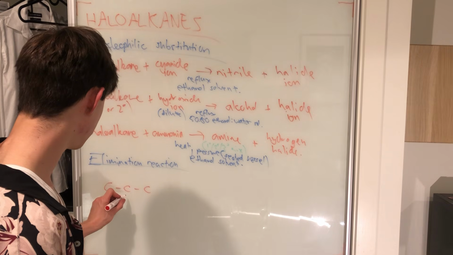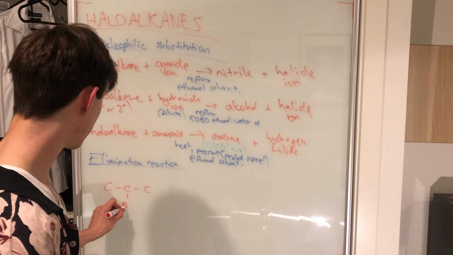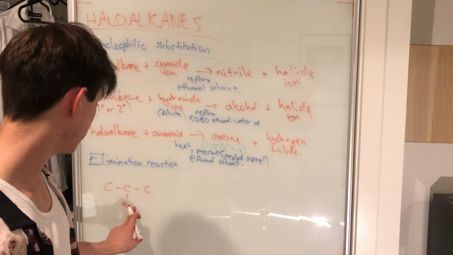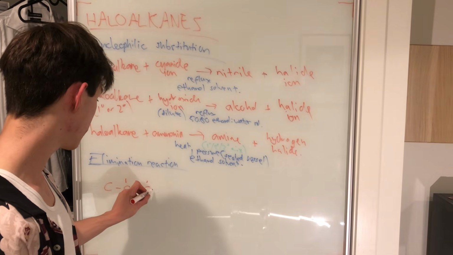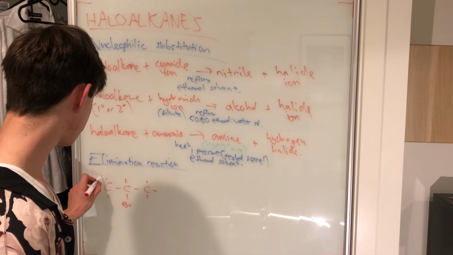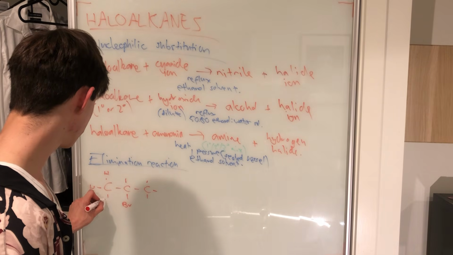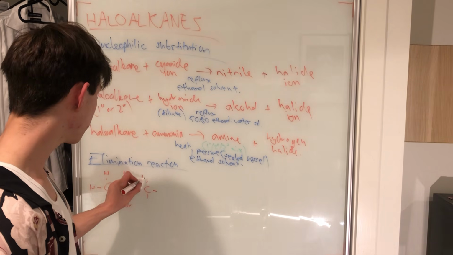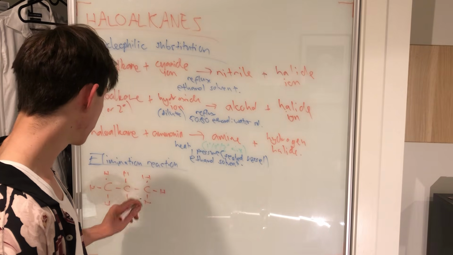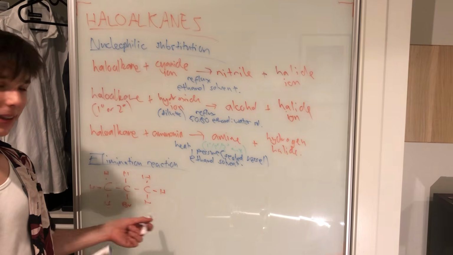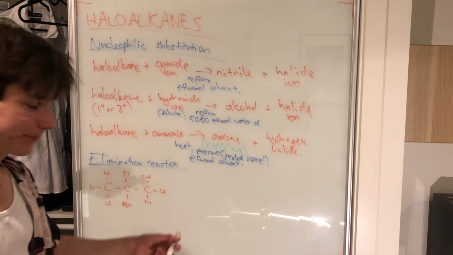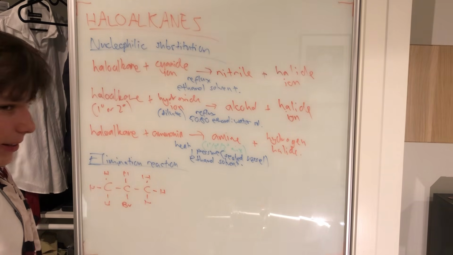So CCCBr, the carbon that the halogen is attached to is attached to two carbons, tertiary, and I'll put on the hydrogens. So an elimination reaction is when we take two adjacent carbon atoms, could be these ones, I think you'll see it's the same because this is symmetrical. It would be the same molecule.